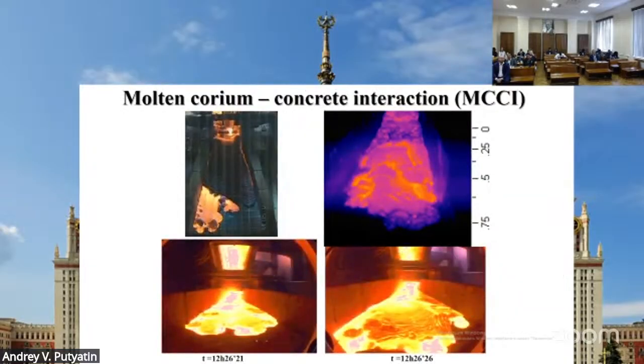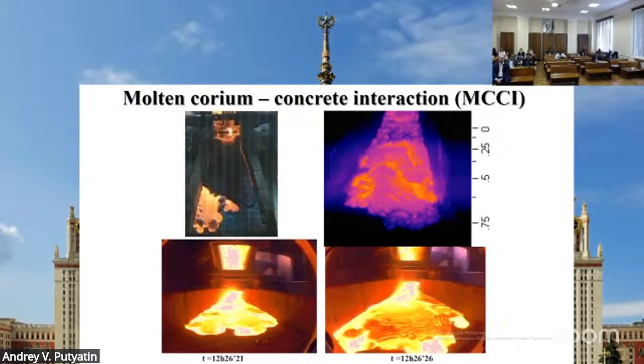So what's going on when this molten corium, or again, corium is a melt of uranium dioxide and zirconium dioxide, what happens when this molten corium starts to interact with concrete? So the reactor is destroyed. You have formed this very hot, and of course, very radioactive material, which starts to interact with concrete.